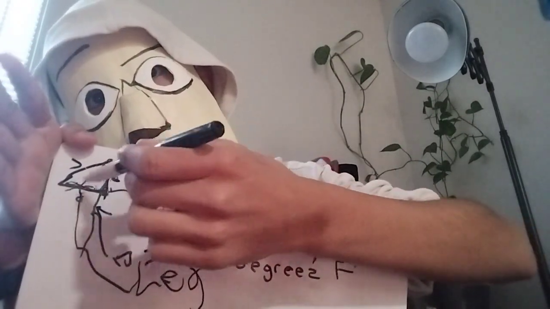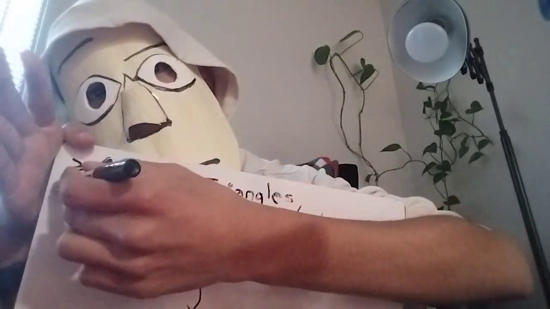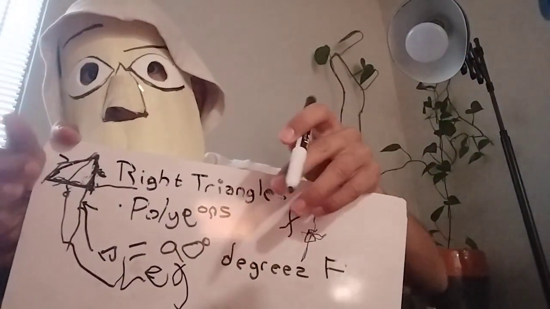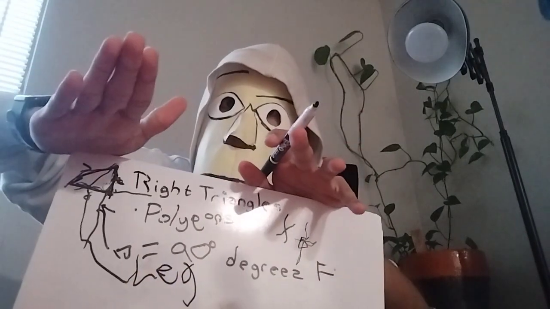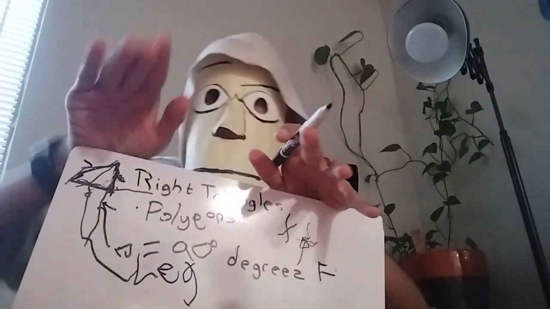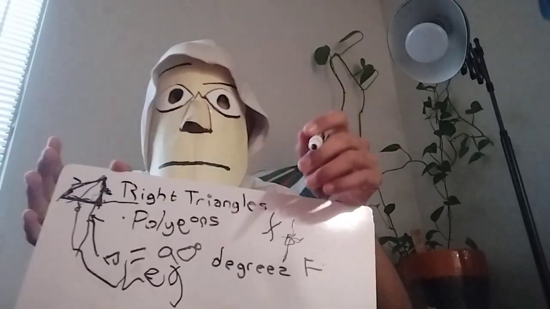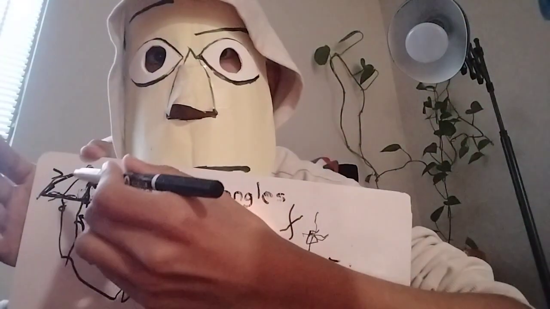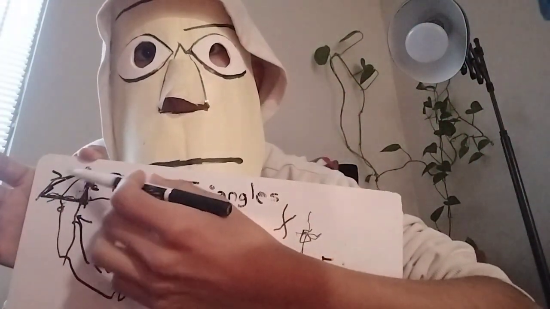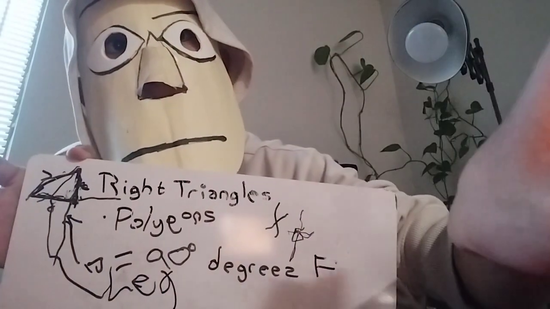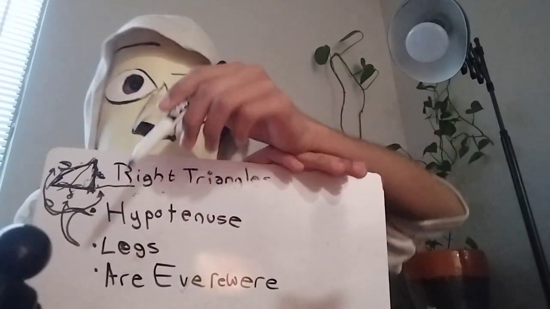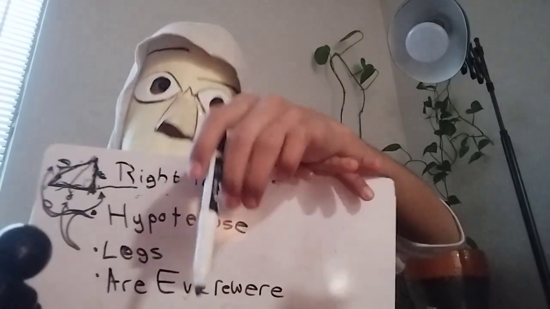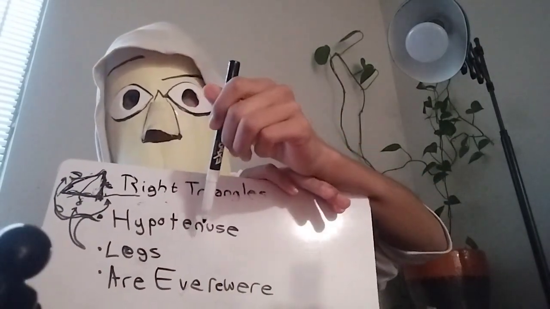This side right here is called the hypotenuse. You might have learned that in one of my earlier videos, squares. Go check it out. The long side, the diagonal side, is the hypotenuse.